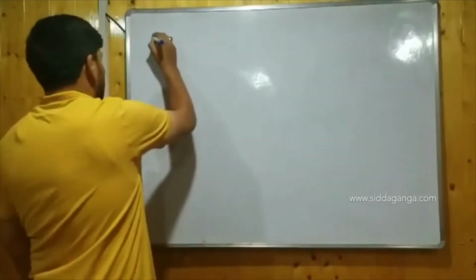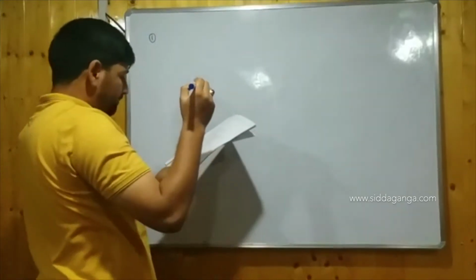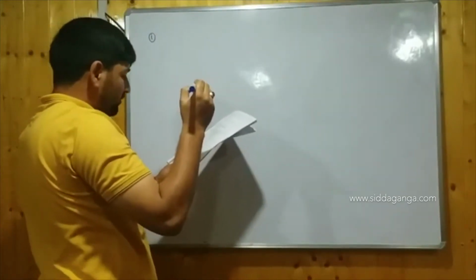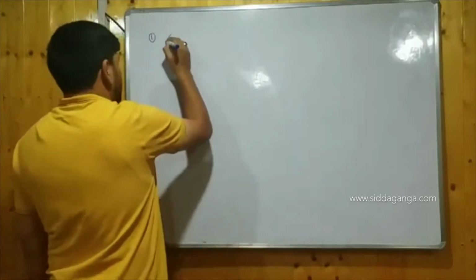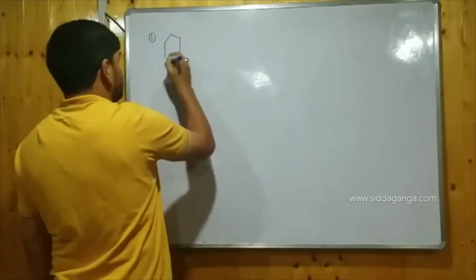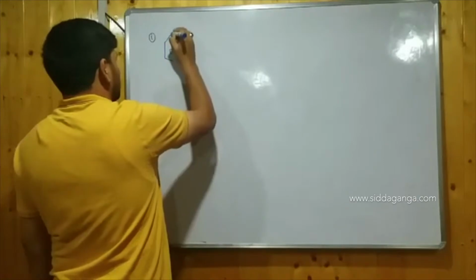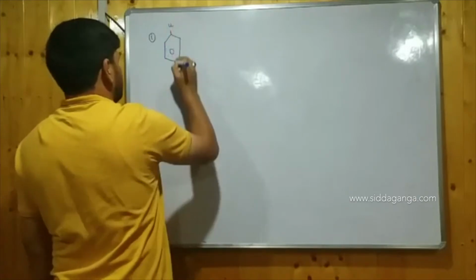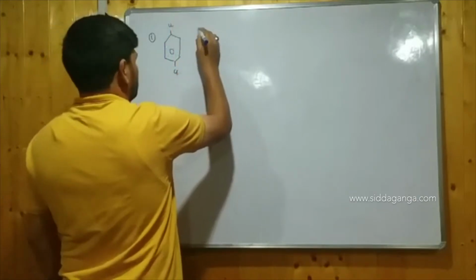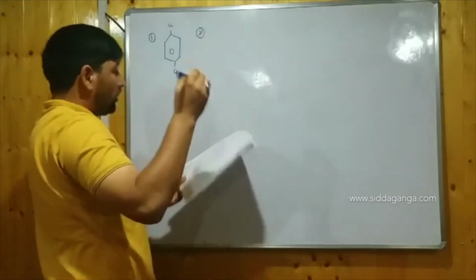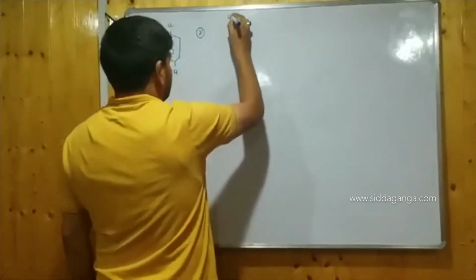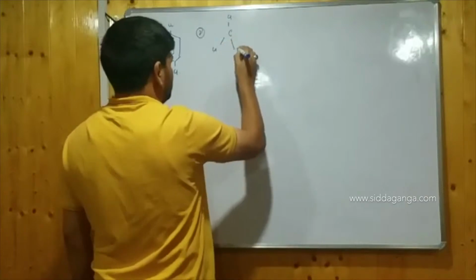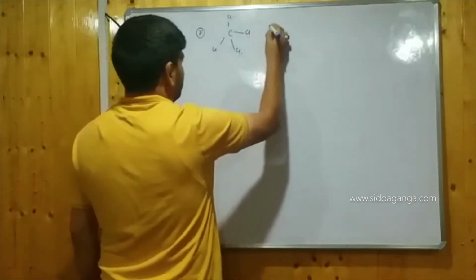Option 1 is para-dichlorobenzene. So para-dichlorobenzene means chlorine and chlorine. Second option is carbon tetrachloride, Cl, Cl, Cl, and Cl.